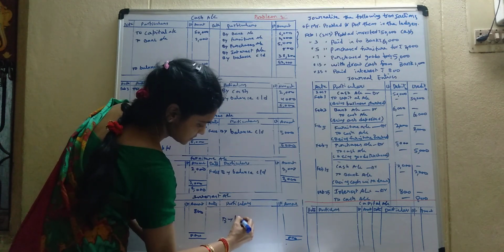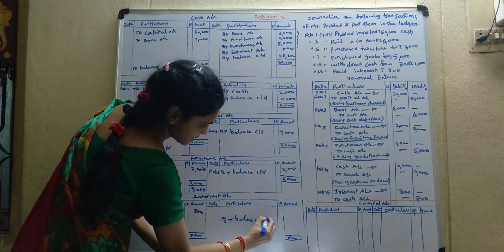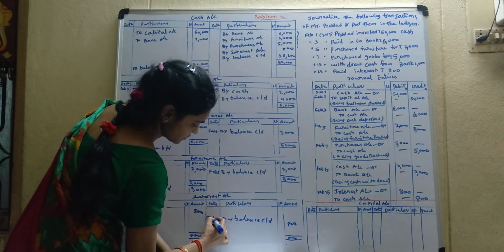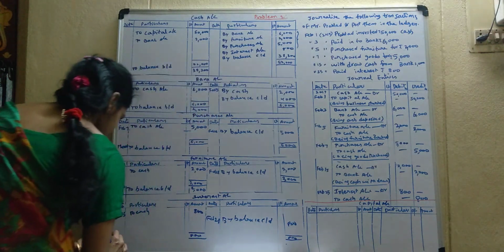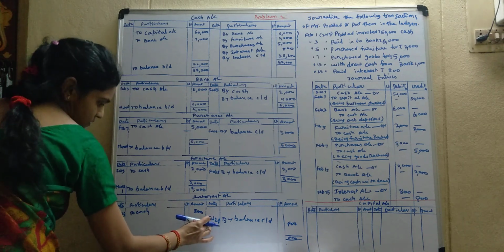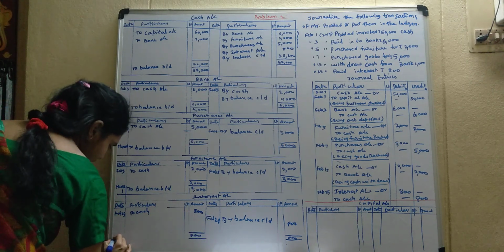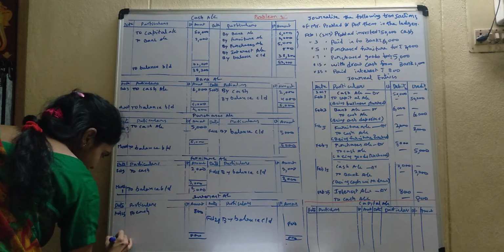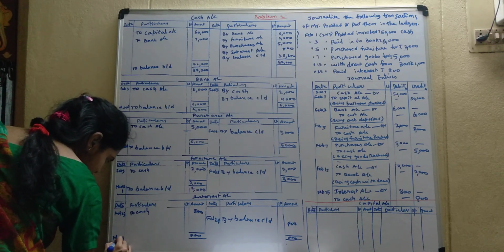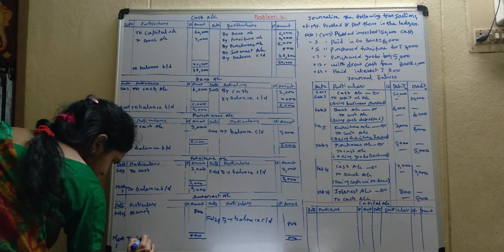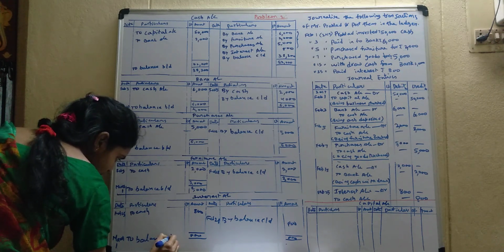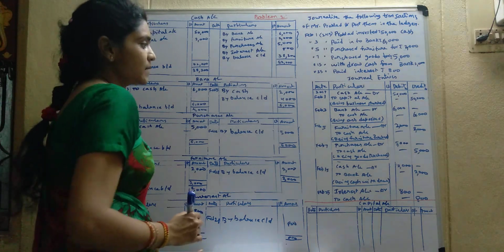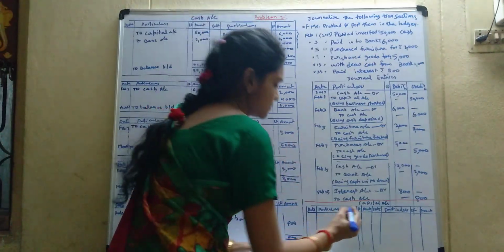By balance carried down on February 28th. Month ending. And this amount is carried forward to the next month, March 1st. To balance brought down. Okay.